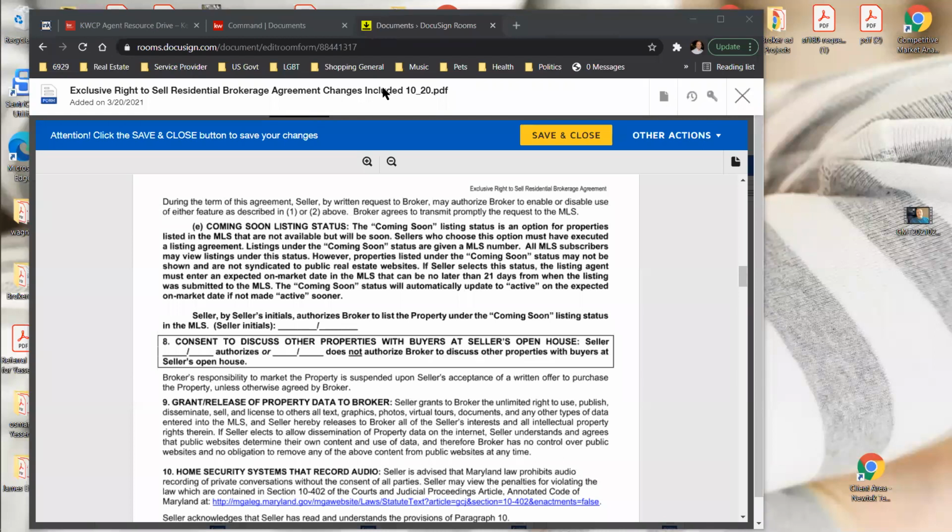The problem with that is, again, it's the same thing I mentioned earlier. Do you want your seller to get the benefit of having all the buyers in the marketplace to see it? Or do you want the seller to only have buyers that find it through your marketing efforts see it? And the MLS is by far the most powerful marketing tool that all of us have.